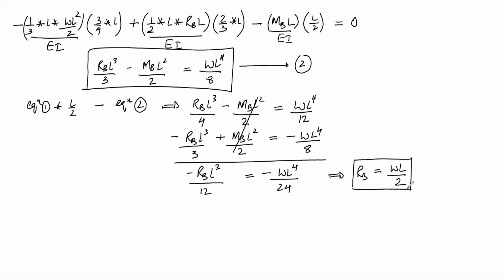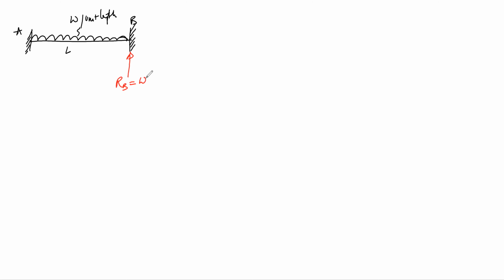So now we have a fixed beam of span L on which there is full UDL of W per unit length, and we have determined the reaction at B as WL by 2.